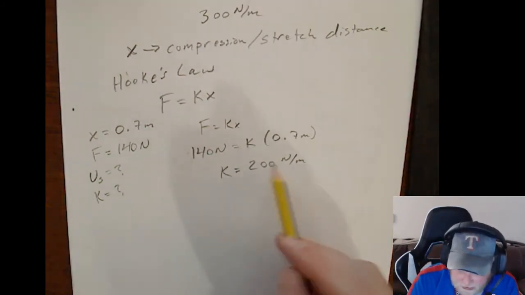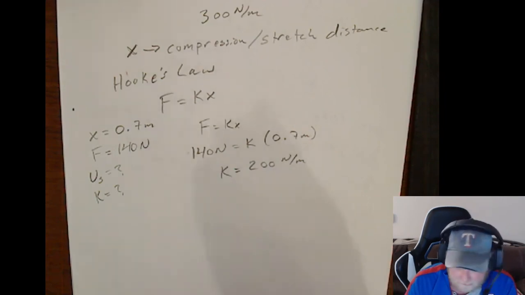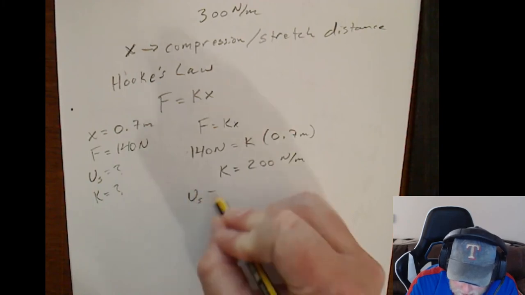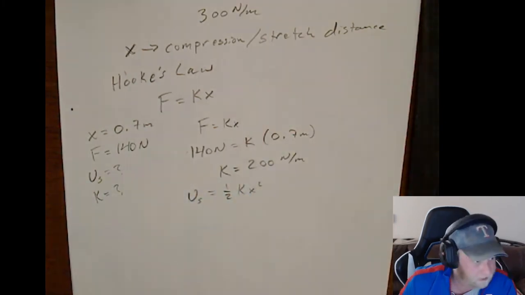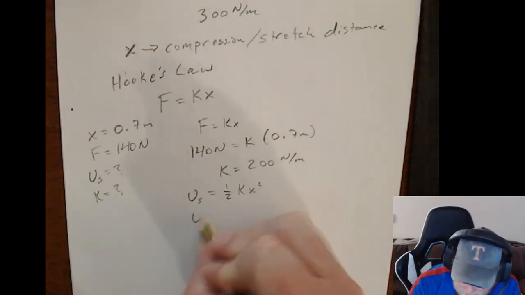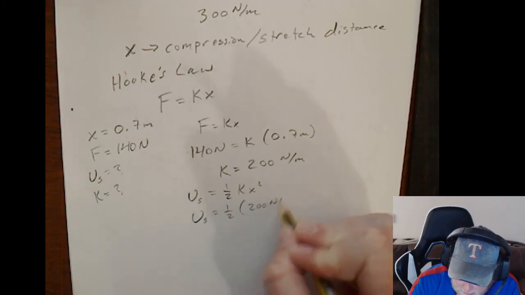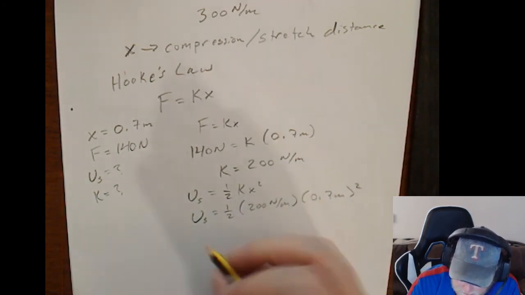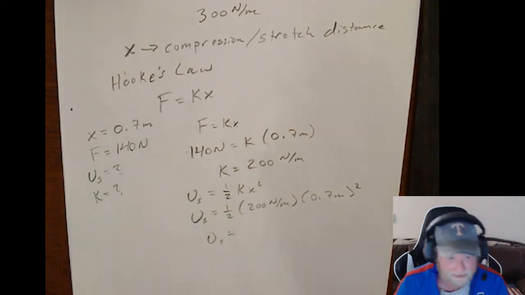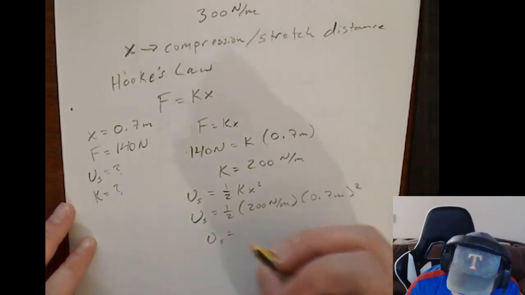So it takes 200 newtons worth of force to pull that drawstring by 1 meter. Now we've got enough information to solve for our elastic potential energy. So 1/2 of 200 newtons per meter times 0.7 meters squared. So we get an elastic potential energy of 49 joules.